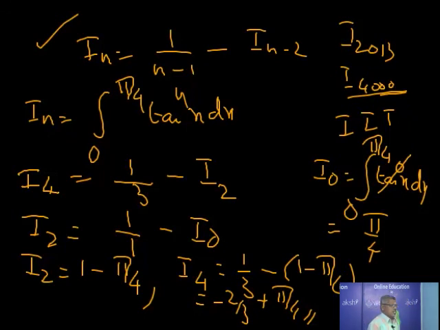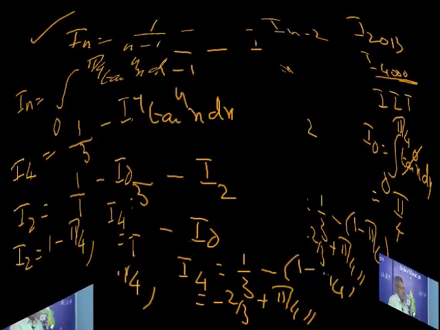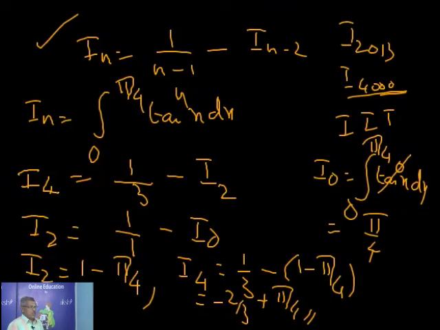The computer iterates and gives a value for any integral provided n is known. So this type of reduction formula is very, very useful for all competitive examinations. At the same time, this reduction formula can be used in so many places, it has got wonderful applications. You try to solve many problems and enjoy yourself. Okay.